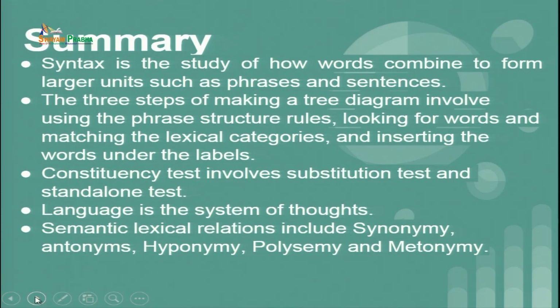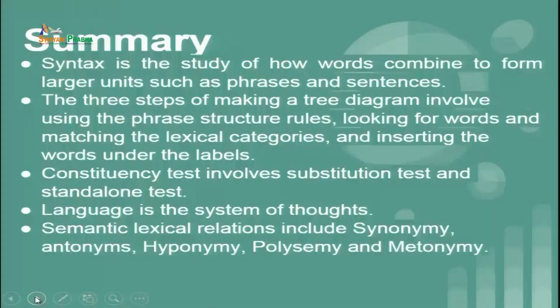We have learned how tree diagrams are formed, and we also understood how phrases are composed of parts of speech, and we looked at the parts of speech in a very modern perspective, or you can say that we have looked through the lens of descriptive linguistics.